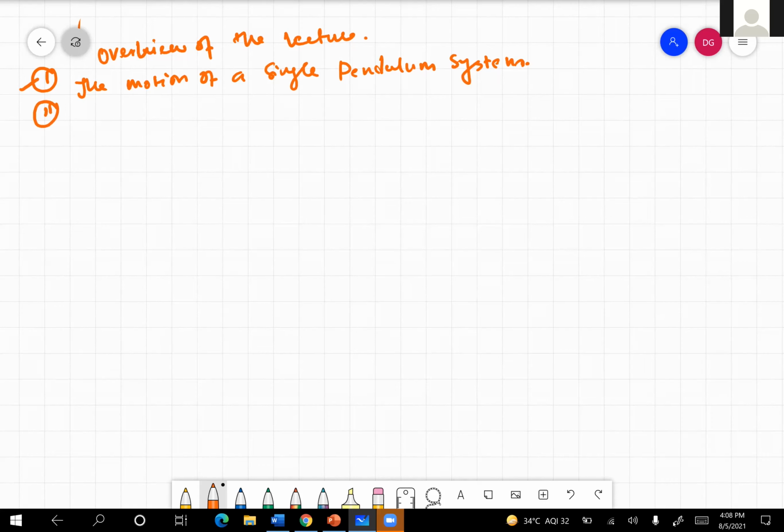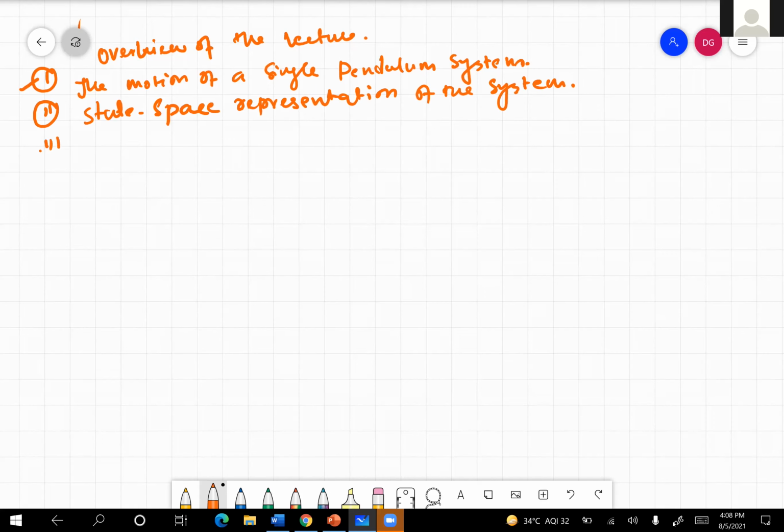And second topic, the state space representation of the system. Even if the system is linear or non-linear, it does not matter. We can represent any dynamical system in state space representation.